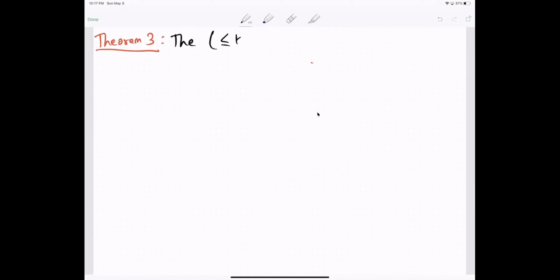The less than or equal to K level of D has order of nk vertices. Right, so what does this statement mean? I think I have to be a bit careful here.